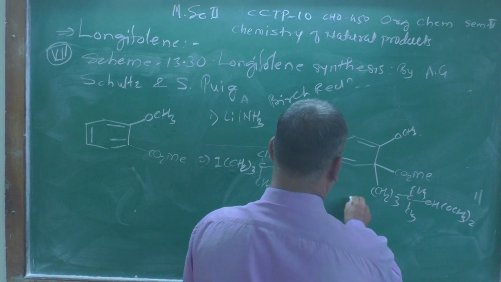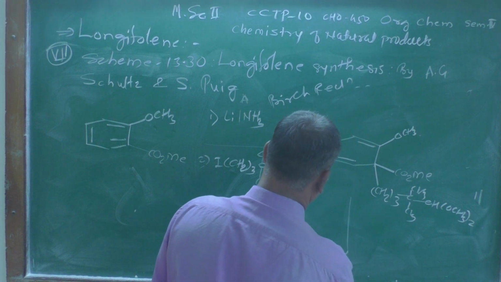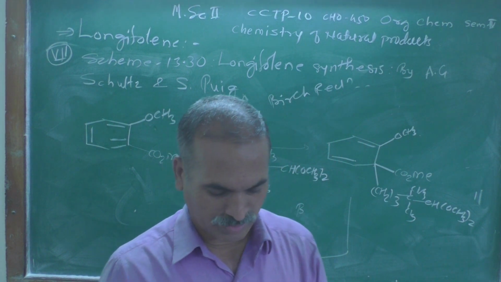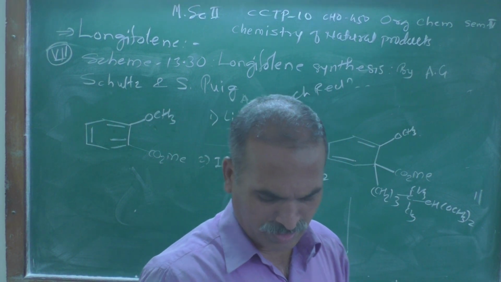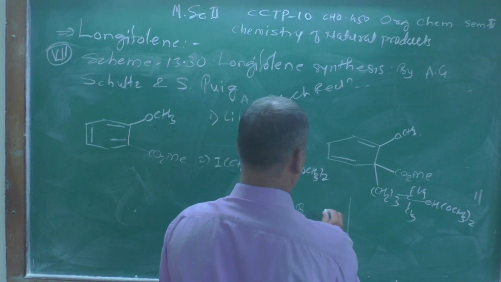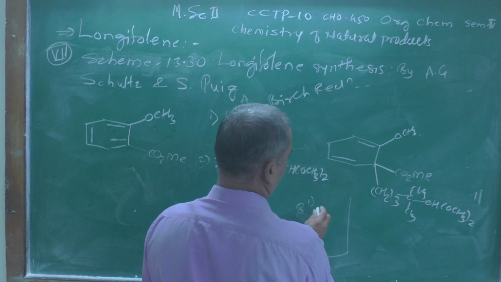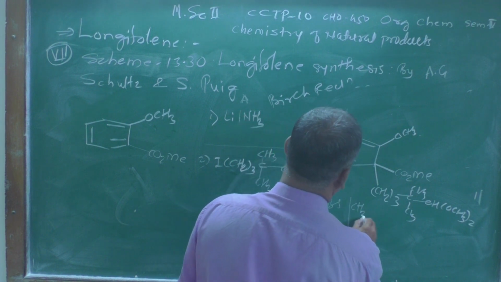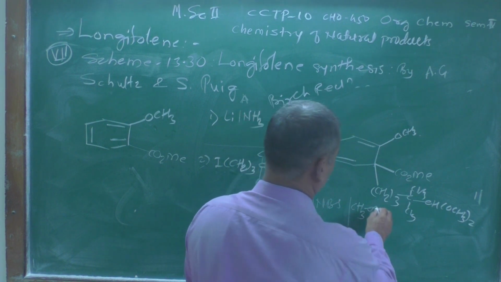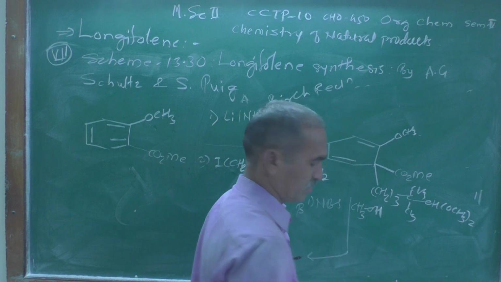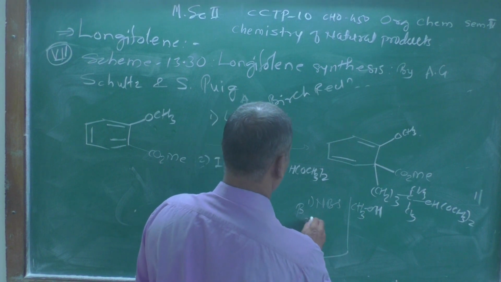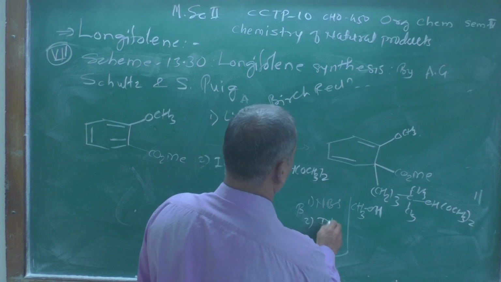Here I am going to add the B reagents. First one, NBS in presence of methanol, OH, CH3OH, that is one reagent. Second reagent, I am adding here DBU.